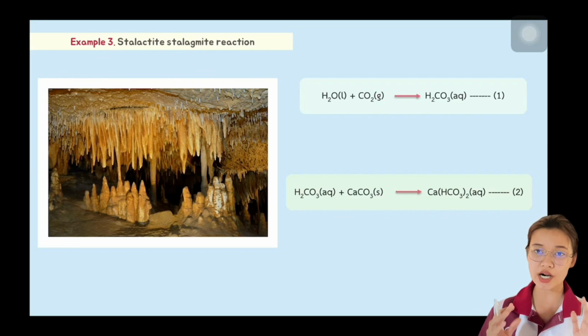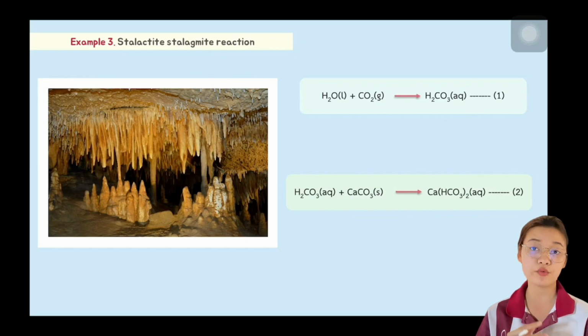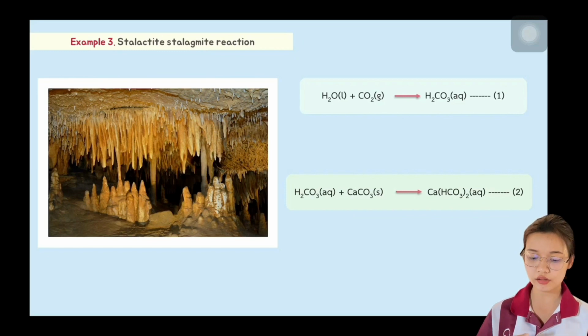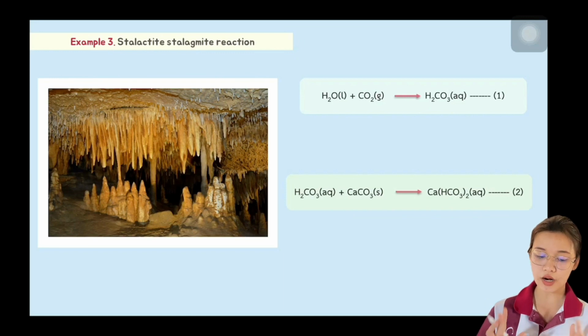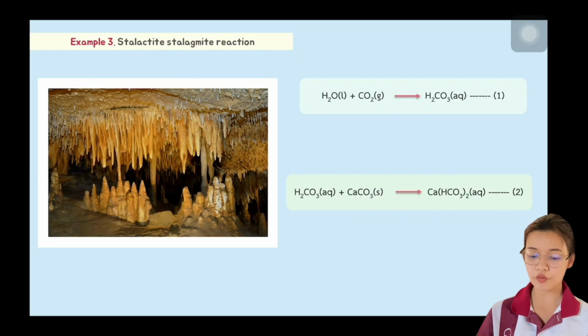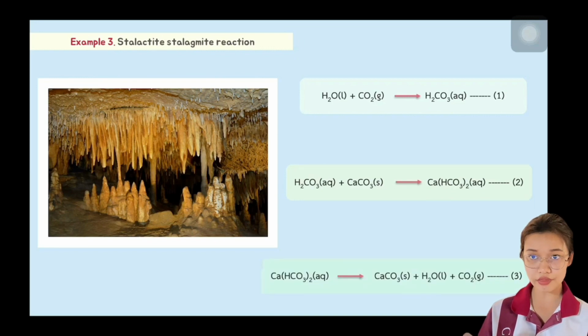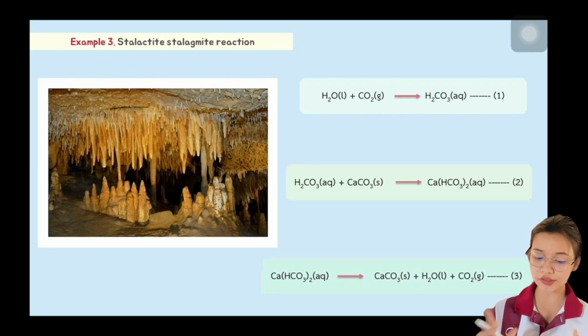Over time, the water in the calcium bicarbonate solution evaporates, leaving only calcite. The calcium carbonate formed by the evaporation of the water slowly accumulates in a solid form, forming on the ceiling of the cave. On the floor of the cave, at the third reaction, calcium bicarbonate solution decomposes into calcium carbonate, water, and carbon dioxide.